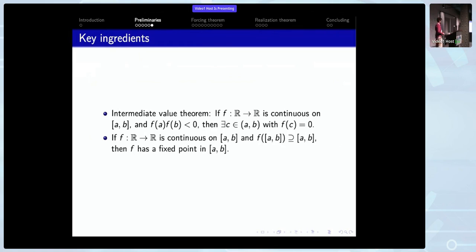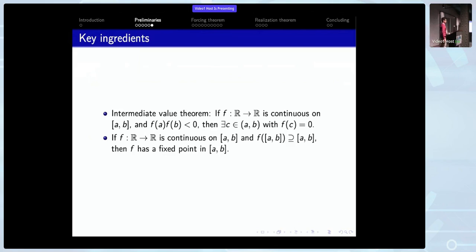Now it has one very important consequence, which I'm going to call the fixed point lemma. I won't give you its proof. It's a very easy exercise. It's essentially just saying that if I have a continuous function on [a, b], and f sends [a, b] to something slightly bigger than [a, b] itself, then there's a fixed point inside [a, b].